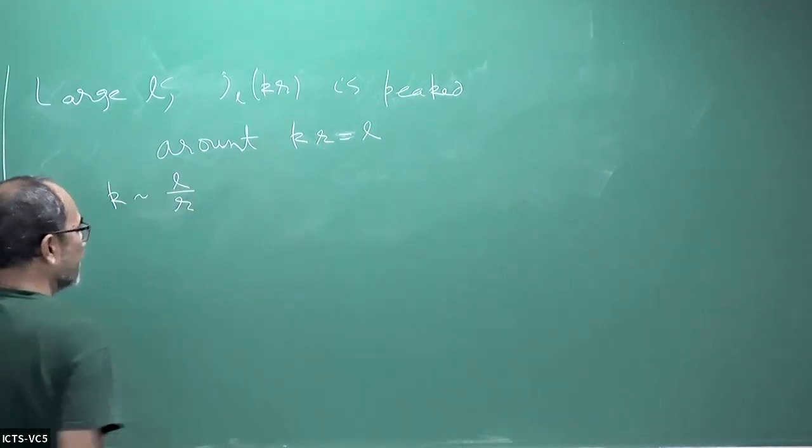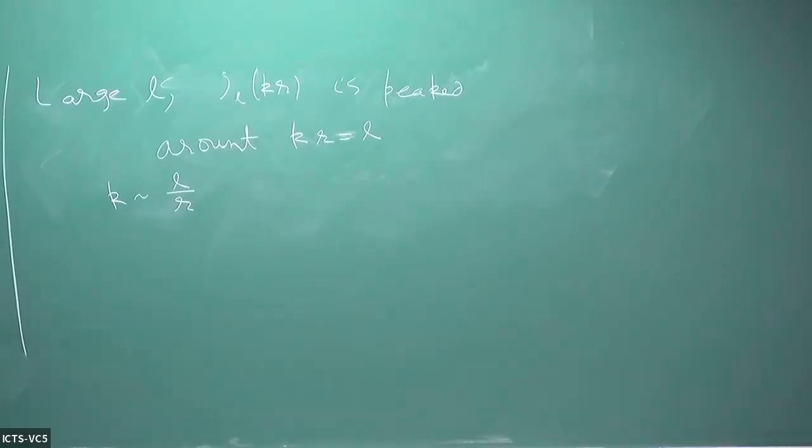This is a property of the Bessel function. And so what it does is that it picks up delta S at L over r. This is the sense in which intuitively we had said large k should translate to large L. And this is what we see here, that the integrand is peaked around k equal to L over r. So this integral will basically pick up delta S at k equal to L over r.